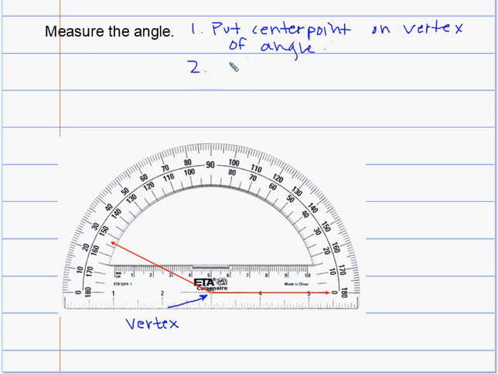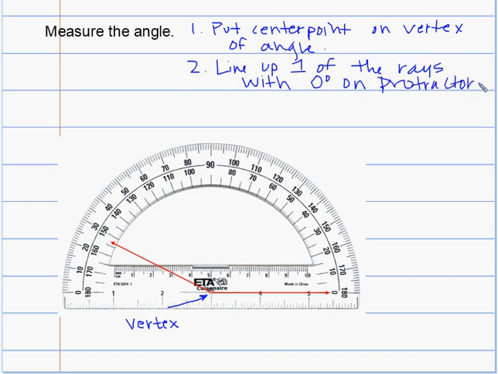Step 2: we need to line up one of the rays with the 0, with the 0 degrees on the protractor. So what does that look like?